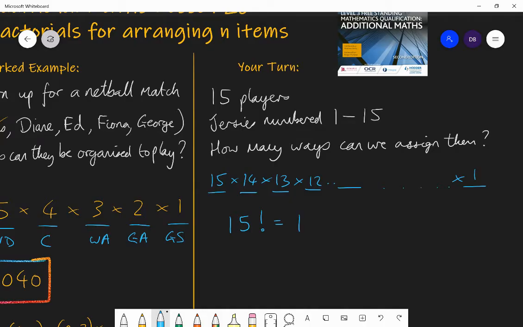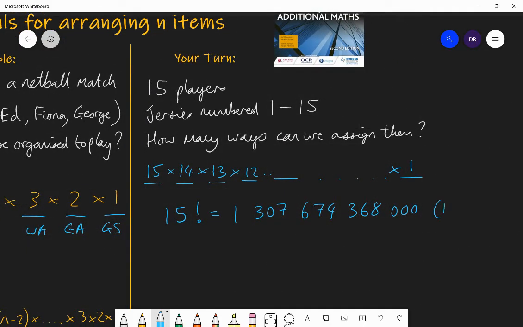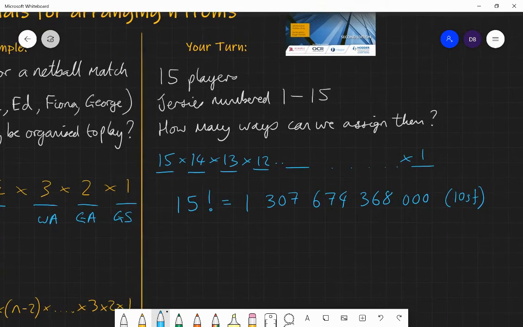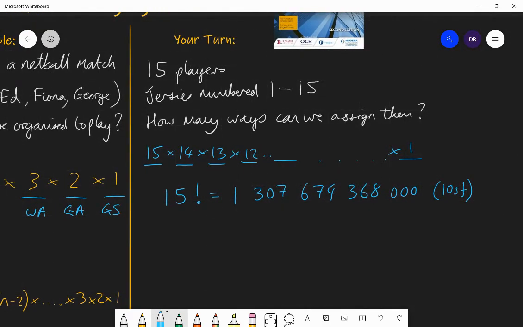And 15 factorial is, let me get this right, 1,307,674,368,000 to 10 significant figures. Okay. So an incredibly large number of ways in which we can assign the jerseys.